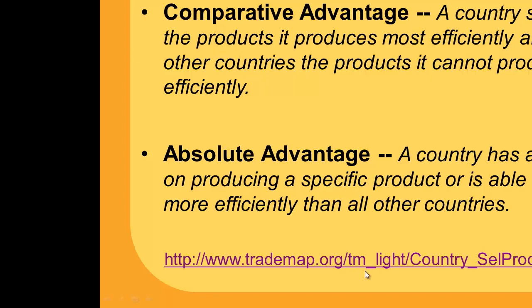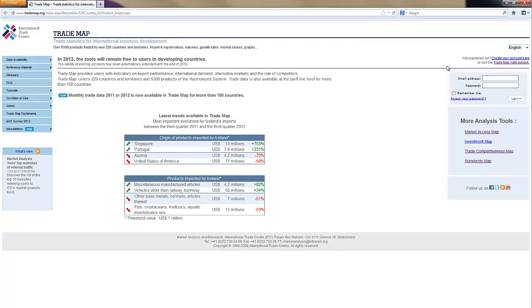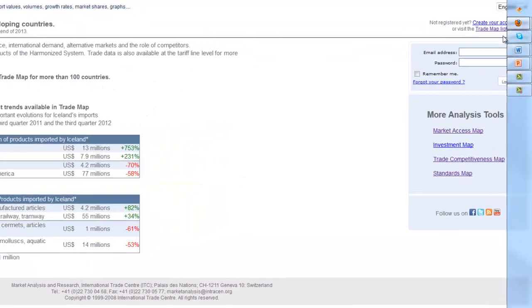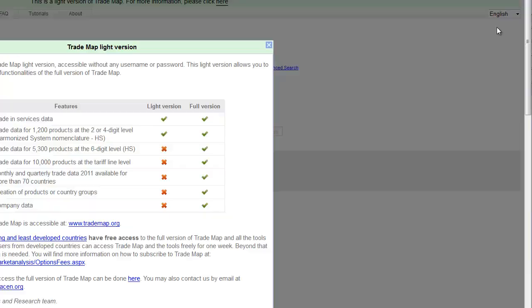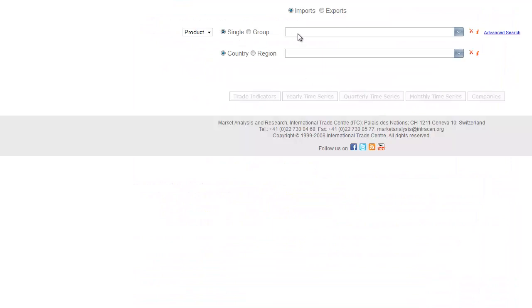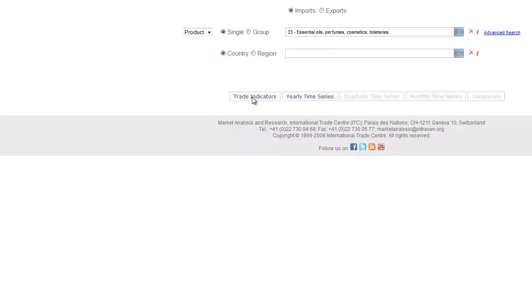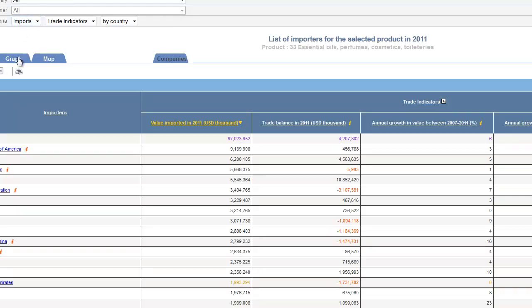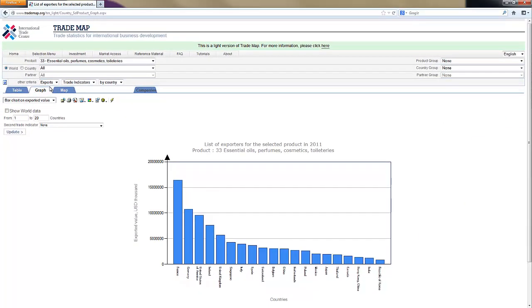So to prove the point, let's look at the International Trade Center. Now, if we look at a product like essential oils, and that's under section 33. We'll just look at essential oils, trade indicators, the graph for exports.